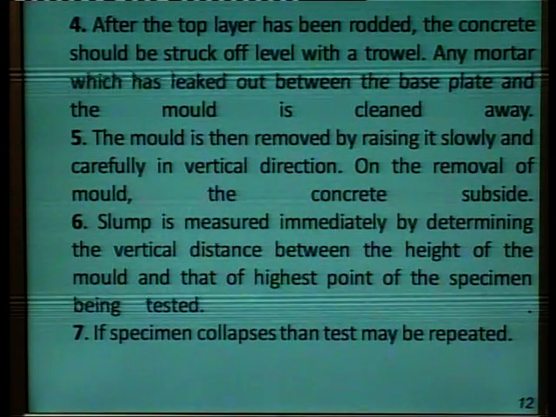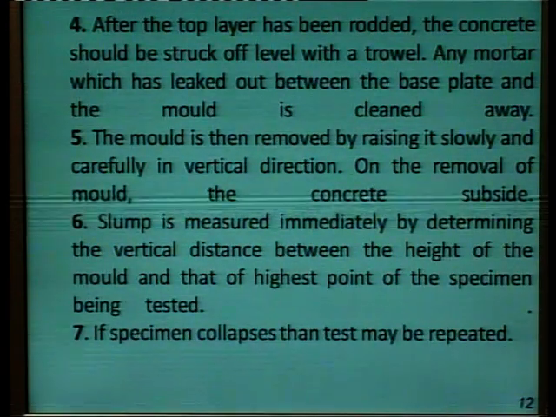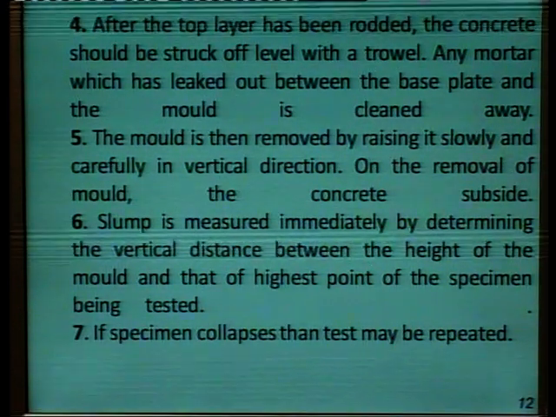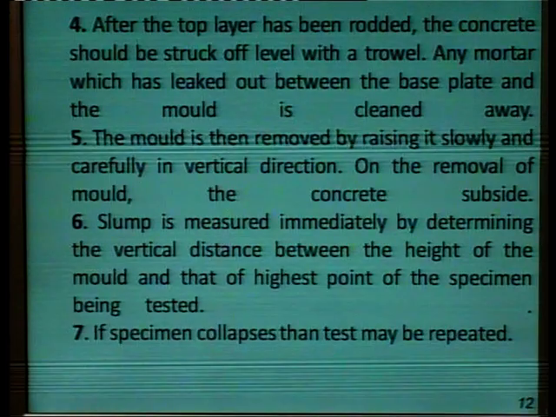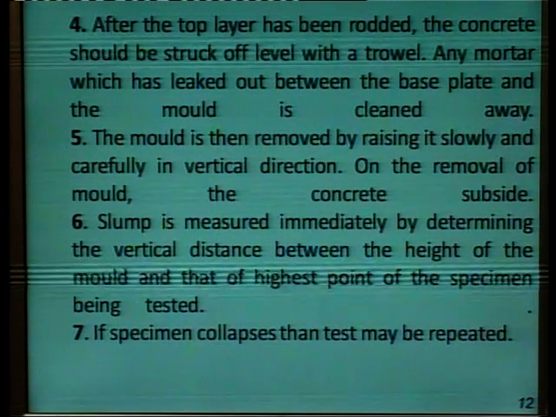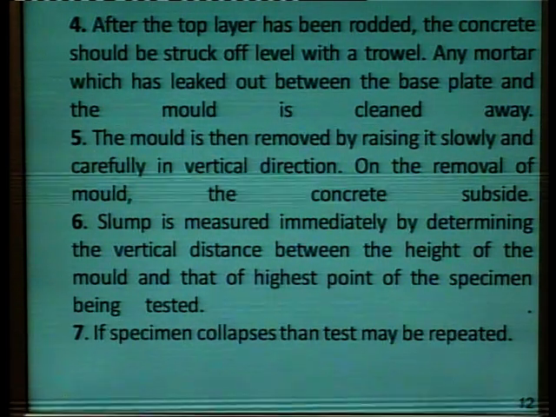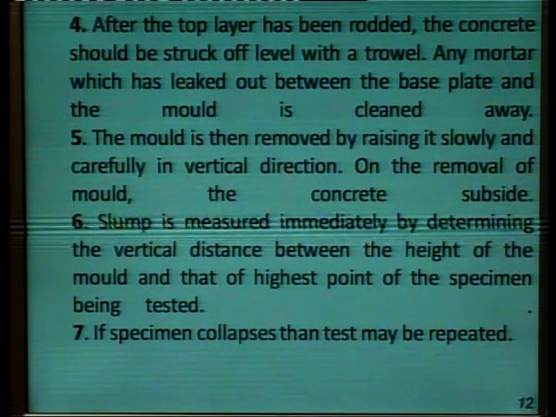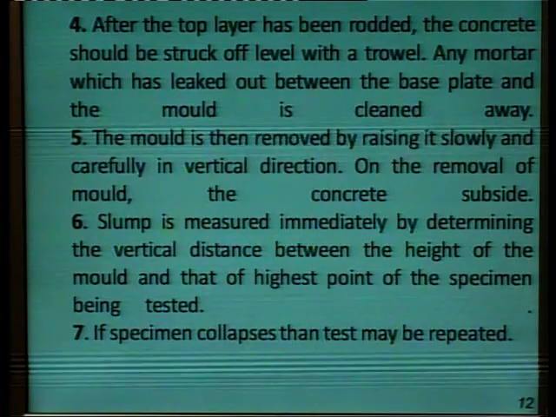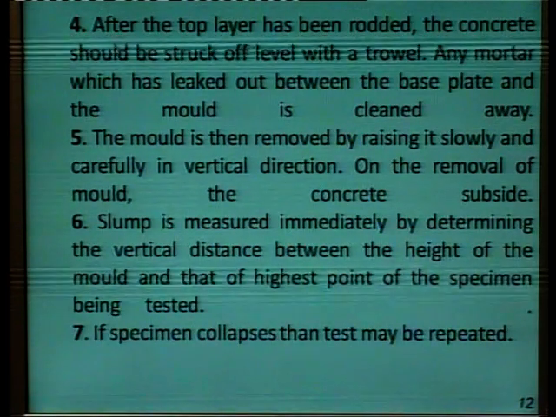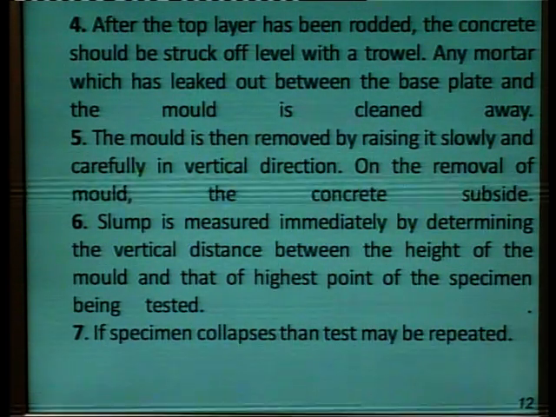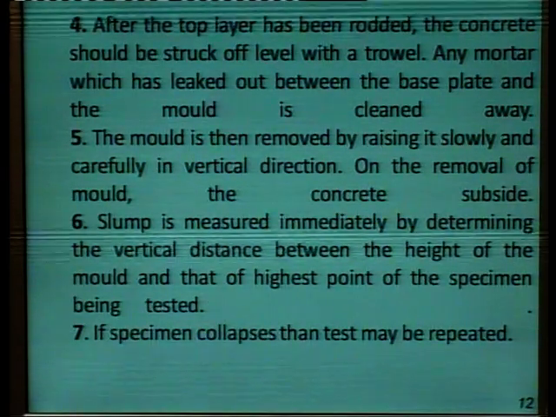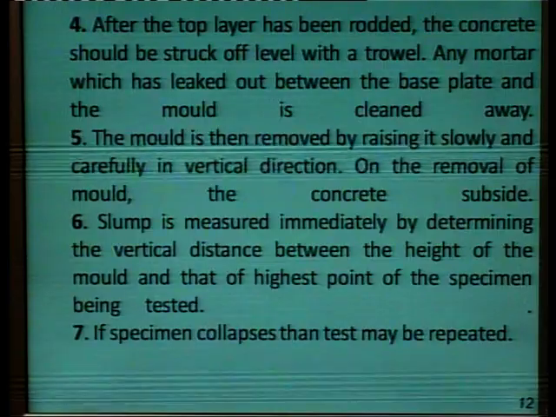Any mortar which has leaked out between the base plate and the mold is cleaned away. Then the mold is removed by raising it slowly and carefully in a vertical direction. On the removal of the mold, the concrete subsides.